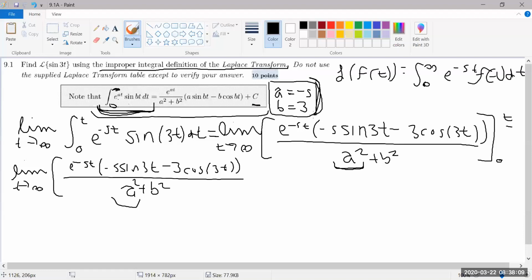So our t's look the same, and then when we evaluate it at 0, what is going to happen? We get e to the negative 0t, so this term goes to 1. Nothing happens here, so we have a squared plus b squared. Oh, and we forgot to substitute the b.